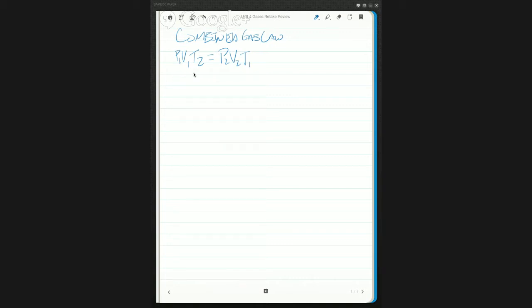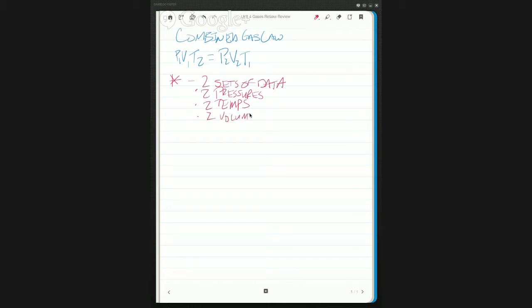Combined gas law, one of the things that you really need to look for, I'm going to put this in pink, is two sets of data. And what I mean by that is two pressures, maybe two temperatures, two volumes.